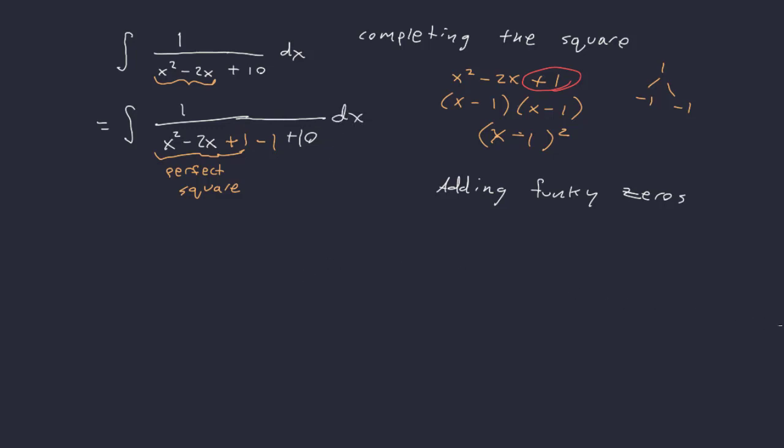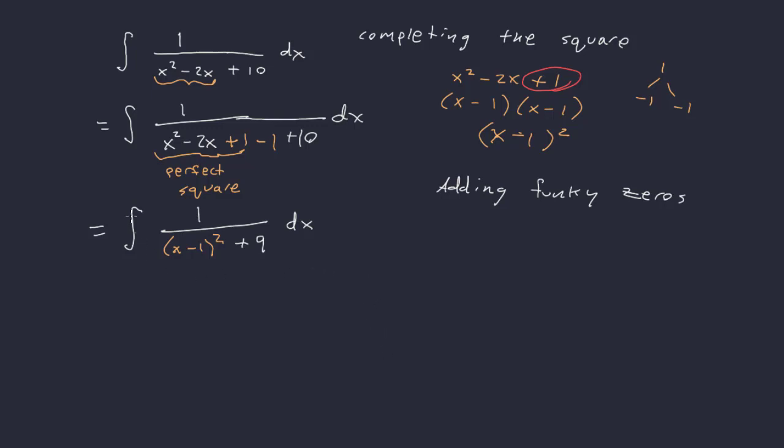We made it a 0. Okay? So that makes this a perfect square, which we did over here. So that part becomes an x minus 1 squared. Then we have the -1 plus 10, so that becomes a +9.